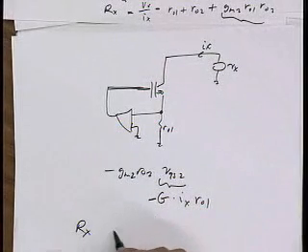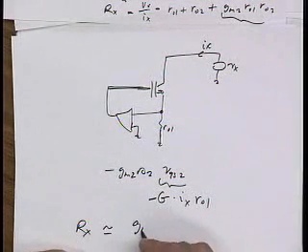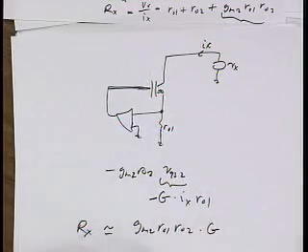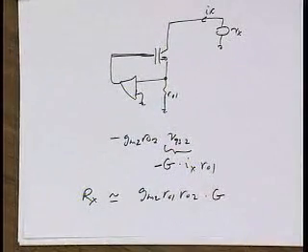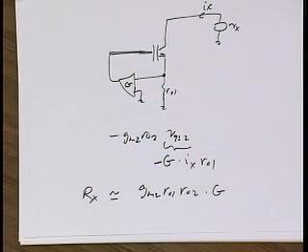So then the Rx goes up. Let's just drop the other terms, they're small. GM2 RO1 RO2 times G. So I can boost my impedance by a factor of G, where that's the gain of this amplifier.